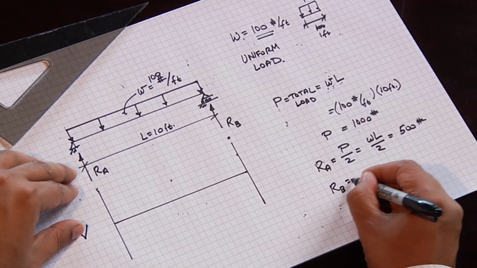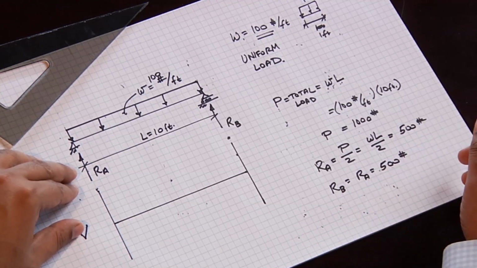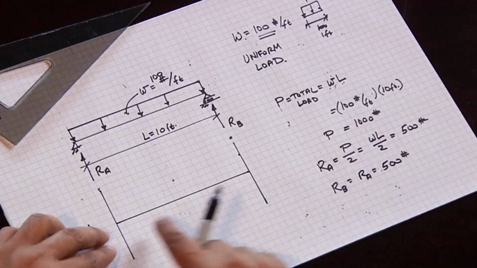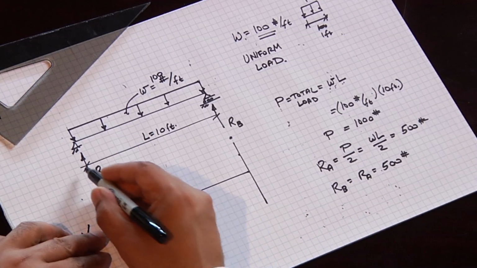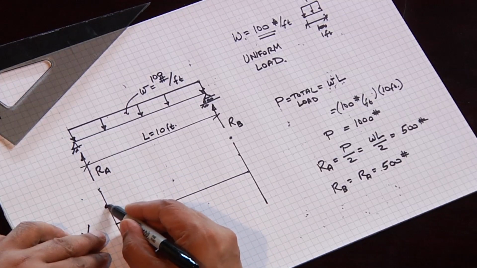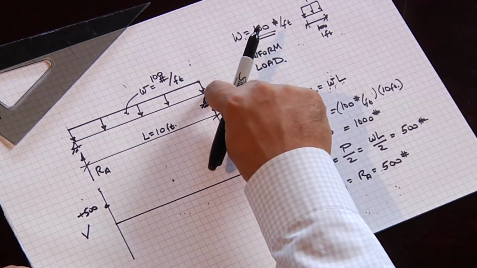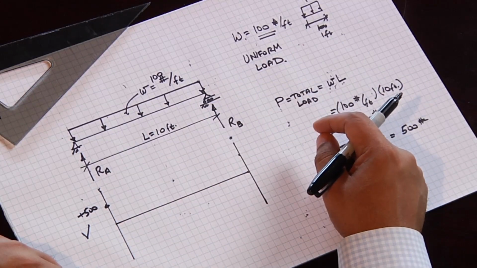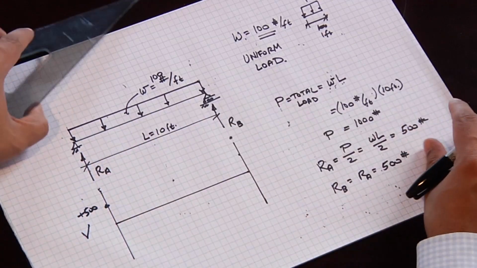And RB will equal RA, or 500 pounds. Now when it comes to drawing the shear diagram, we're going to start with the left reaction. We're going to go up positive plus 500. And remember, we know that we have to always end up at 0. Let's do a free body diagram of this beam and understand what the equation of the shear diagram looks like.